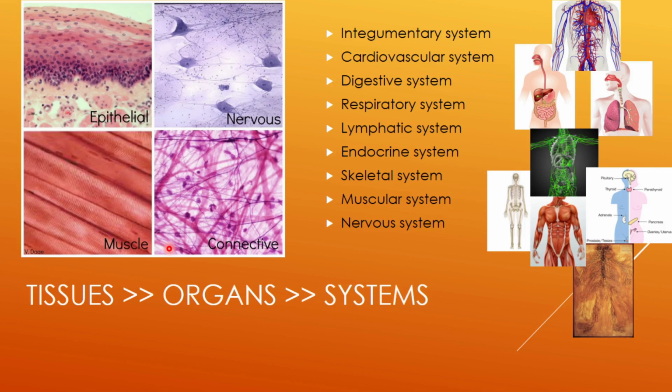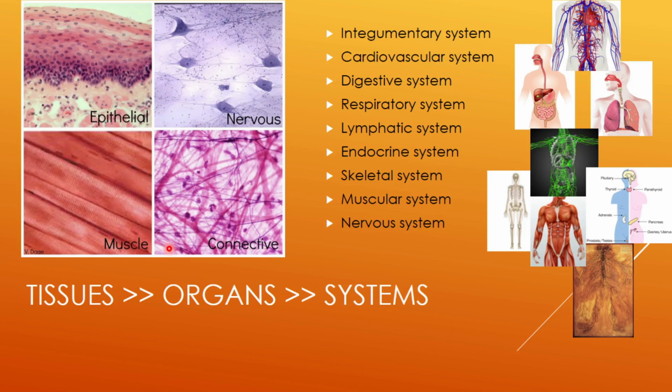So tissues then come together and they form organs. So tissues that have similar functions tend to work together in the same way, forming an organ. And then once we have organs, we can make systems, because you'll have organs that work together to perform a certain type of bodily function.